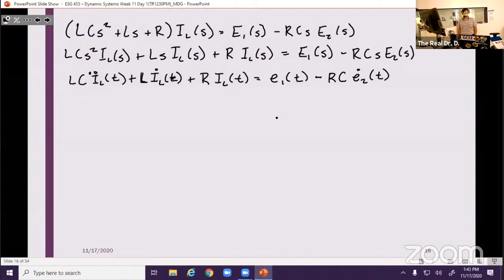How many transfer functions do you have in general? What is the transfer function? Let's start there. What is it?